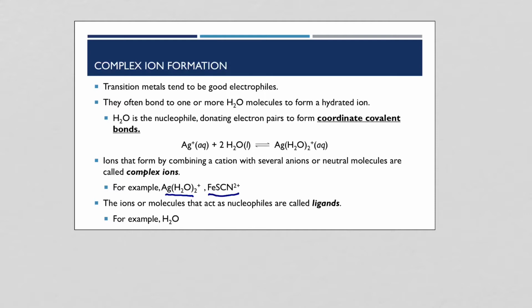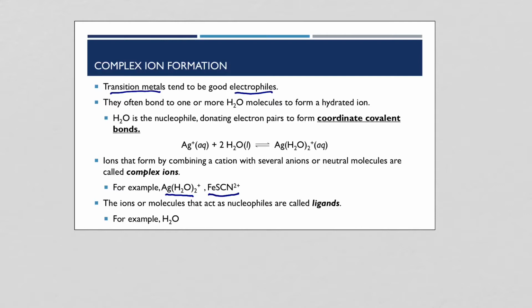And so a little bit of background first. Transition metals, right, tend to be what are called good electrophiles. Now, the term electrophile means that it is attractive to electrons, right? It wants electrons. And so transition metals being positive, these transition metal centers want to attract electrons.